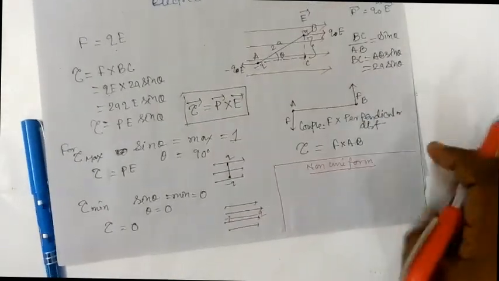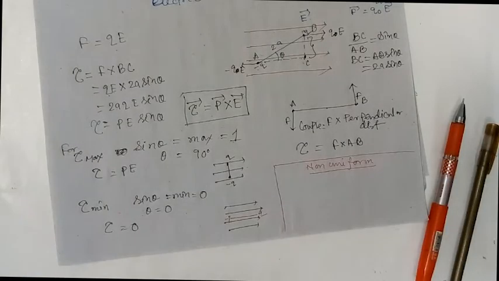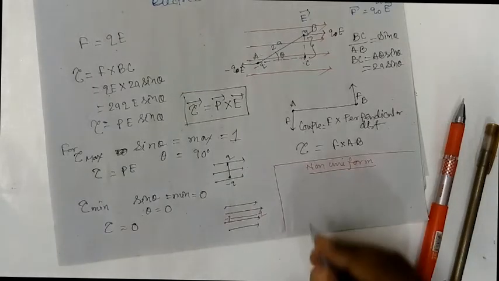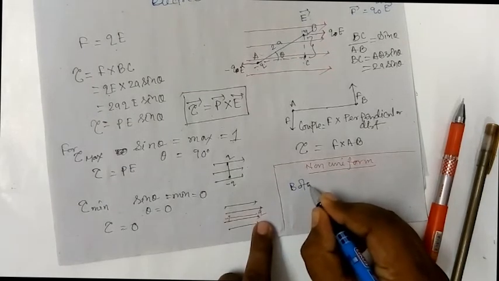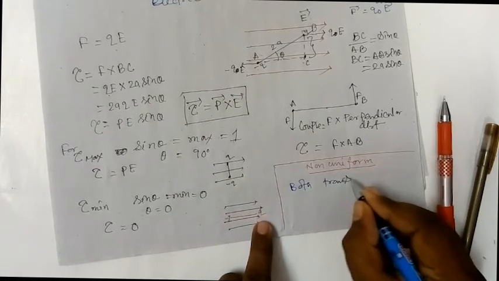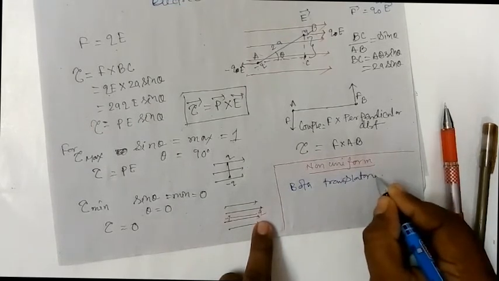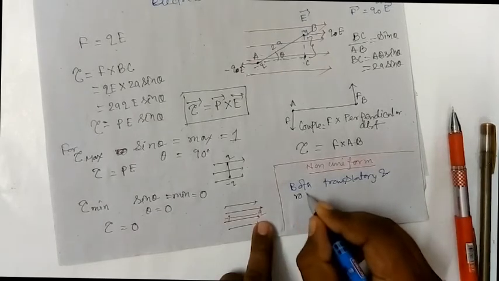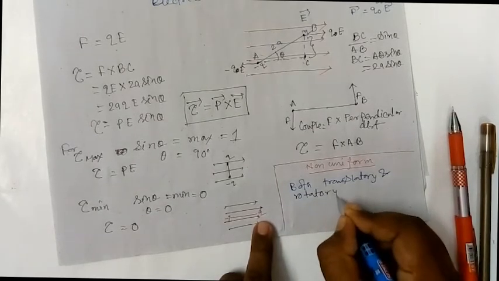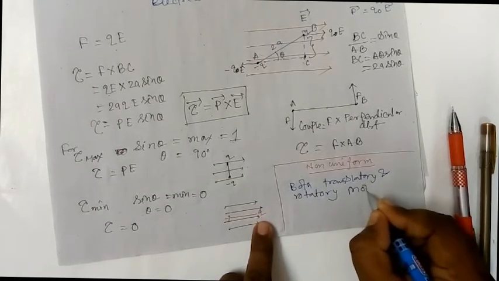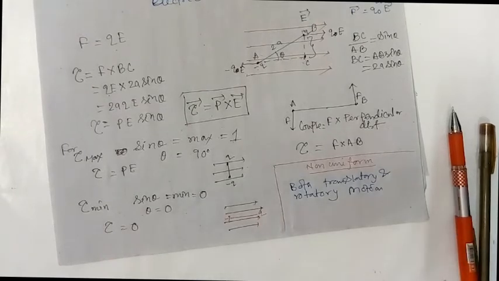If it is a non-uniform electric field, then along with rotation there will be a translation. So we can say both translatory and rotatory motion. Now the question will come, in which direction does this translation occur?